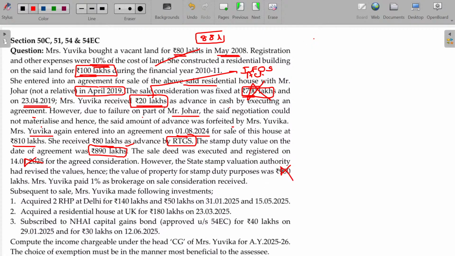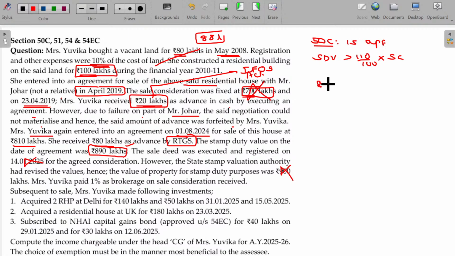Now, is 50C applicable or not? If the stamp duty value is more than 110% of actual sale consideration, then 50C is applicable.